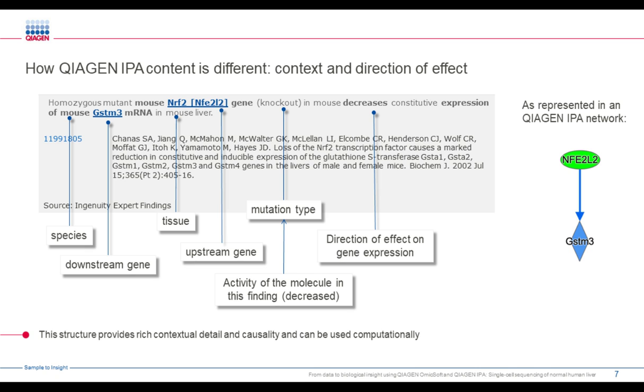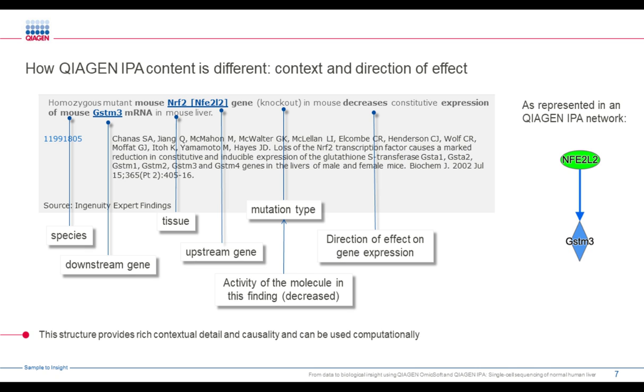On the right, a particular gene, here NFE2L2, is downregulated in a particular experiment, and it is connected to GSTM3. We know the interaction between these two genes, so we can predict the effect of that downregulation of NFE2L2 on that gene, in that case, predicted to be inhibited.